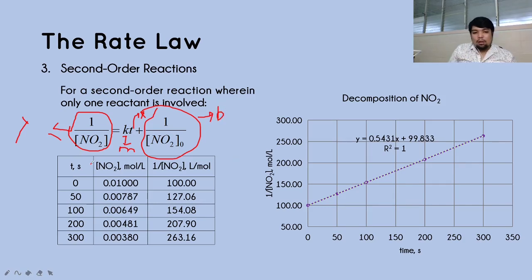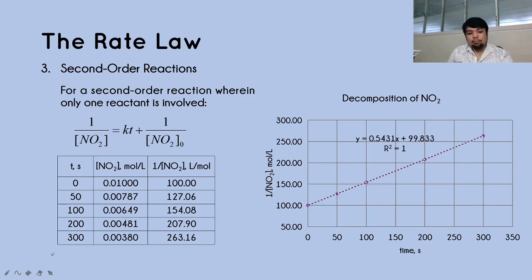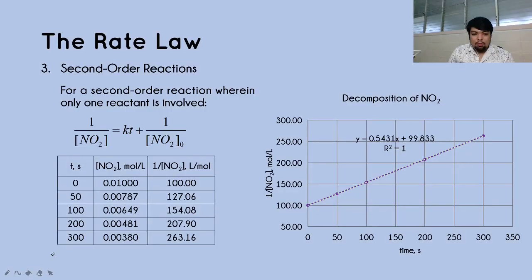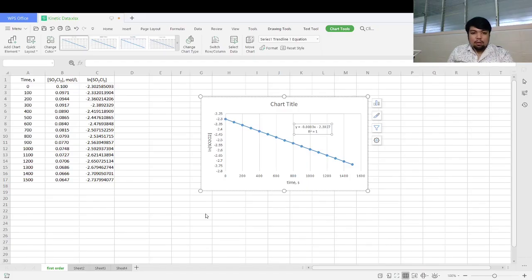Okay? So how did I plot this graph? This is just quick. Let me erase all inks on the slides. So it would look like that.